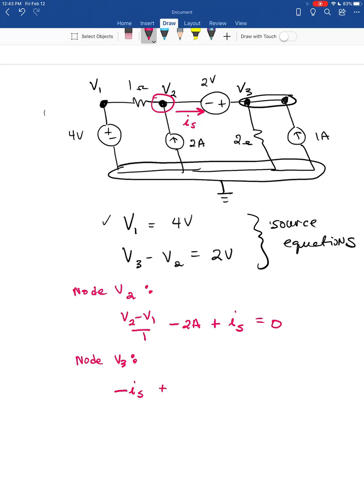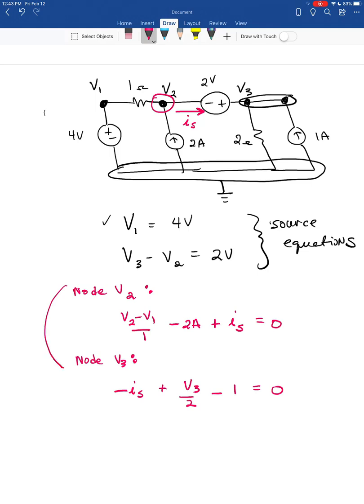And then I'm going to have V3 over 2, because it's V3 minus 0. And then I'm going to have minus 1 amp, because it's entering the node. So that's how I write my two separate node equations.